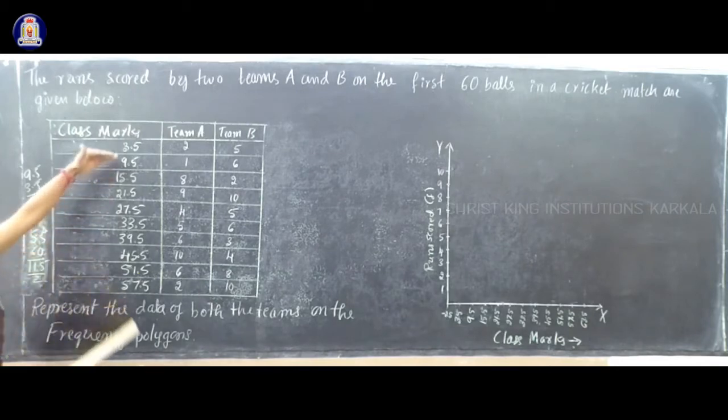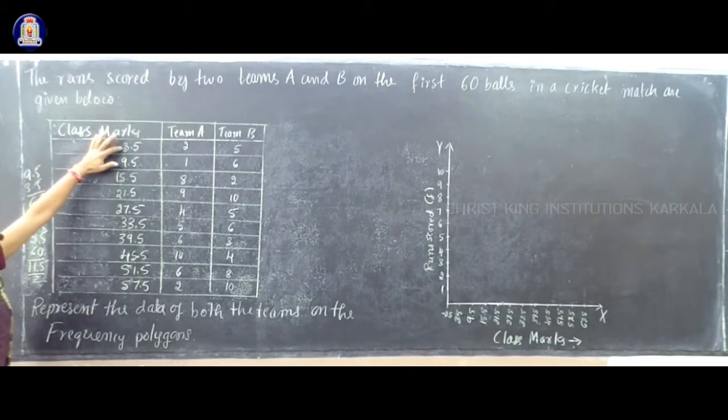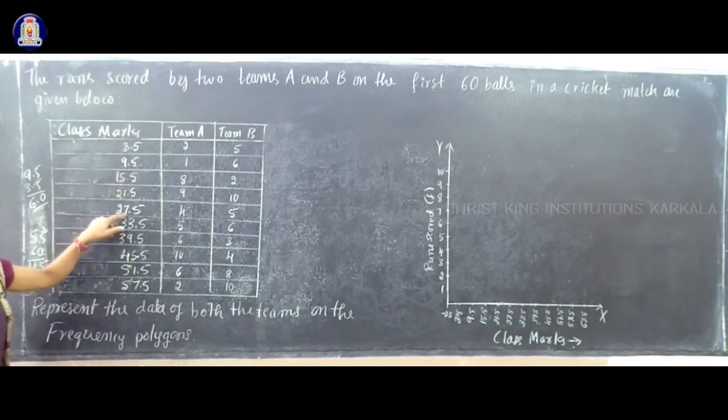So the next class mark you get by adding 6. 3.5 plus 6 is 9.5, plus 6 gives 15.5, plus 6 gives 21.5, plus 6 gives 27.5, plus 6 gives 33.5, plus 6 gives 39.5, and so on, 45.5, 51.5, etc.